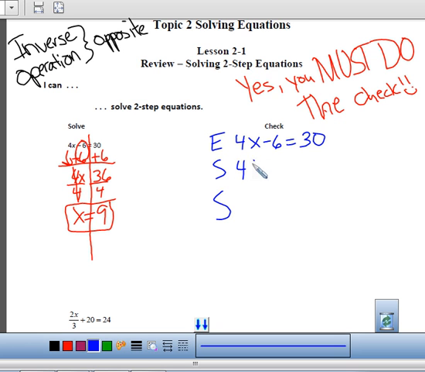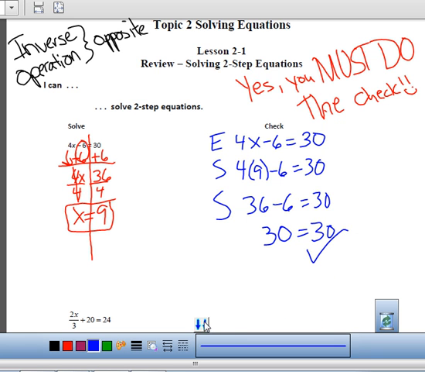Now we substitute in our answer, and now we solve. 4 times 9 is 36. 36 minus 6 is 30, and 30 does equal 30. So it checks out beautifully. Okay, now if that was too fast for you, pause the video and copy everything down. I'm going to move on to the next one.